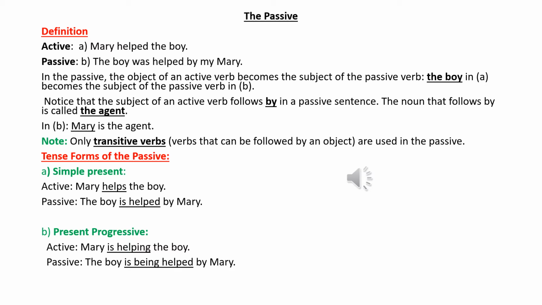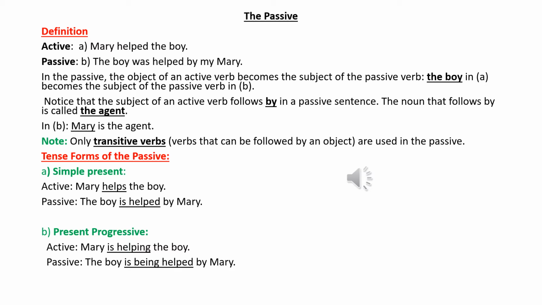When the subject is singular, use is, the form of be to agree with the singular subject, the boy. So the form of the passive is be followed by past participle, and the past participle of help is helped. So the boy is helped by Mary.